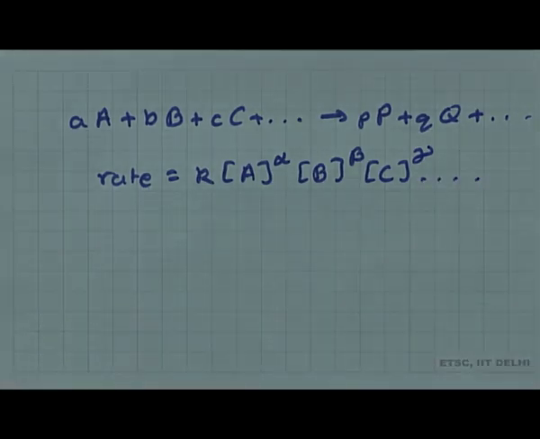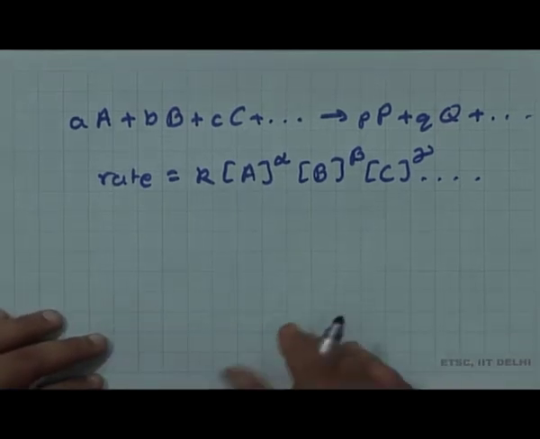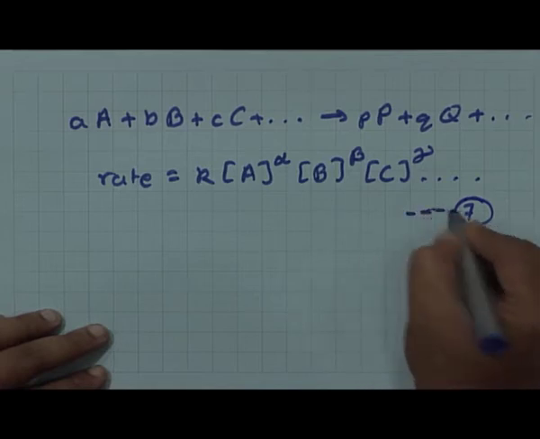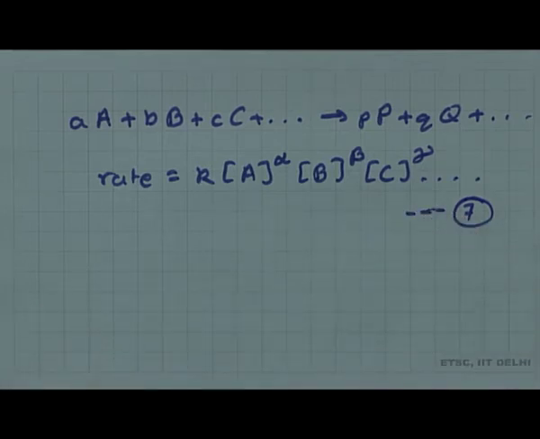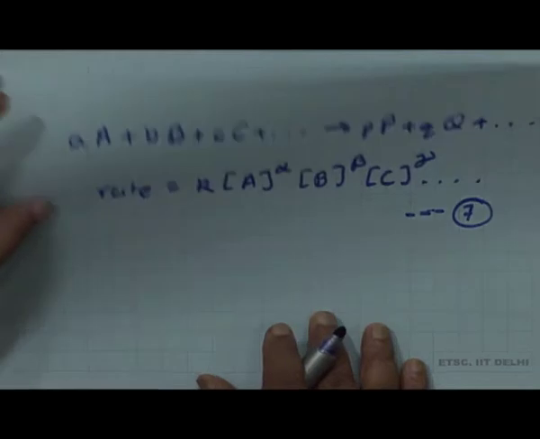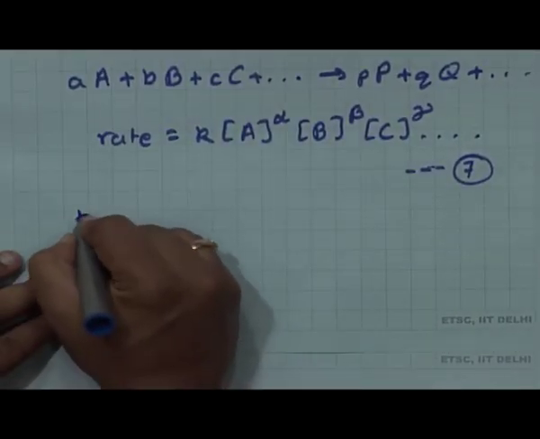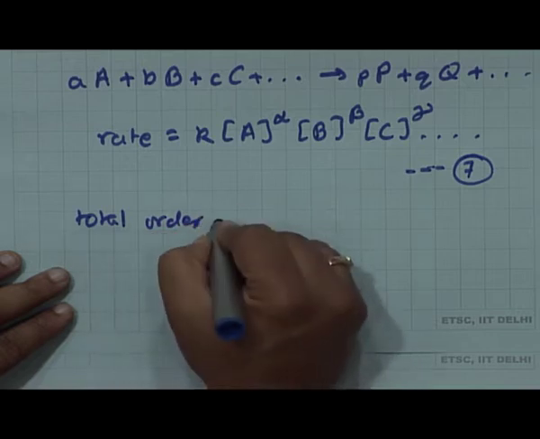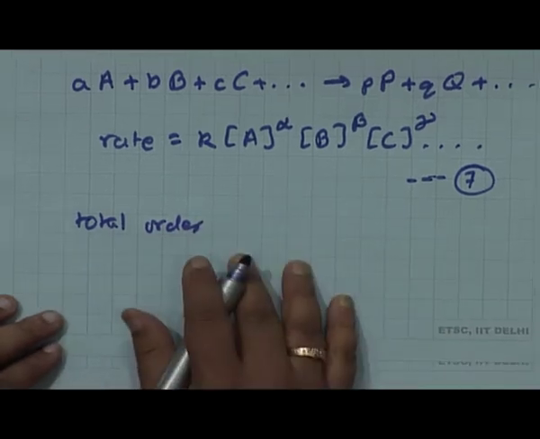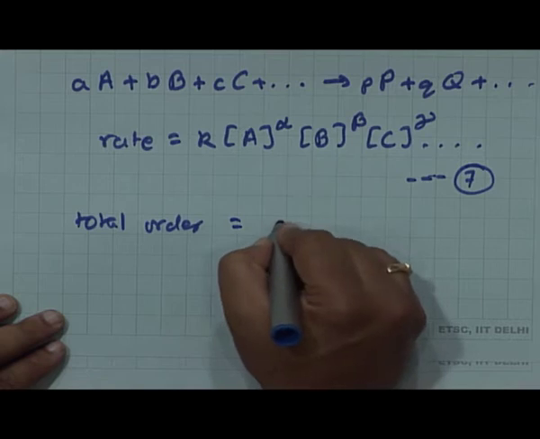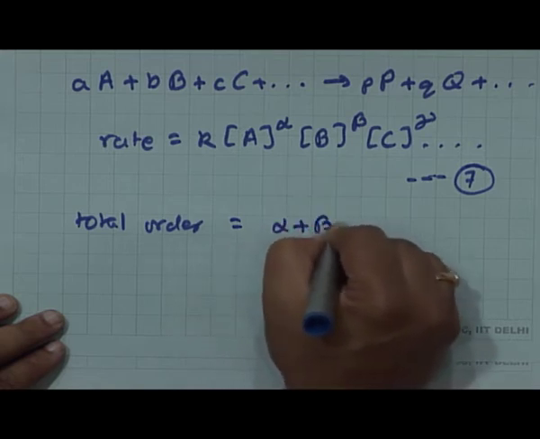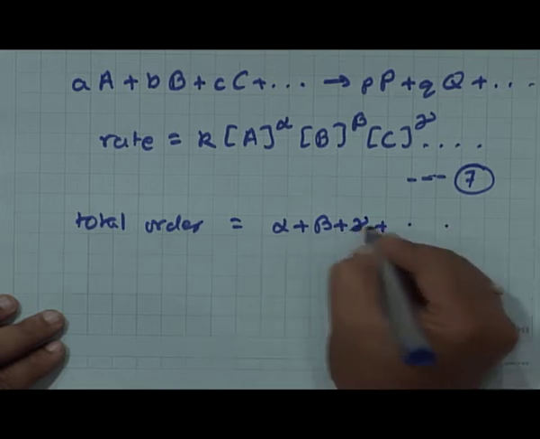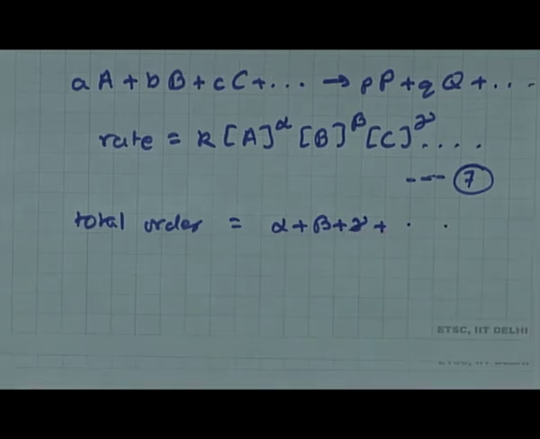If this is my rate expression, say equation 7, then the total order of this equation is equal to alpha plus beta plus gamma plus the rest of the exponents.